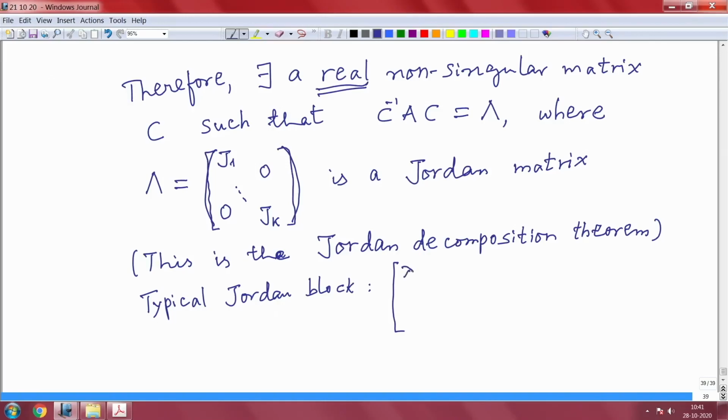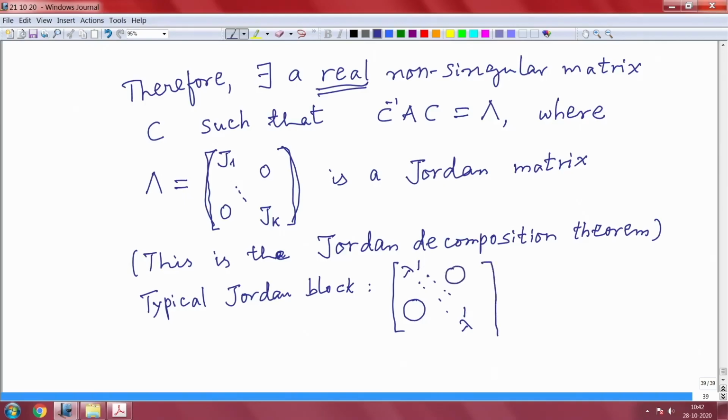On the diagonal you have the same lambda, all the elements below the diagonal are 0, and just 1 on the diagonal just above, the subdiagonal, and then again 0.